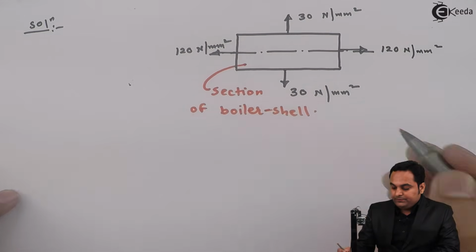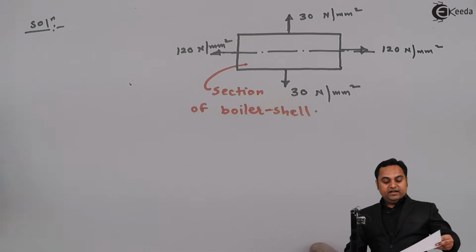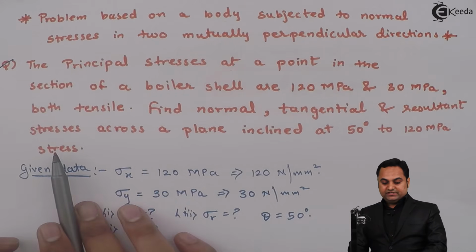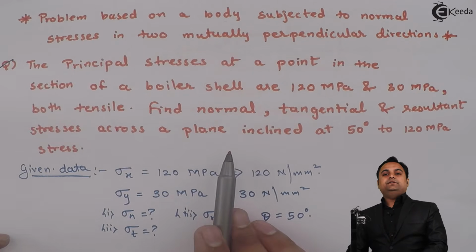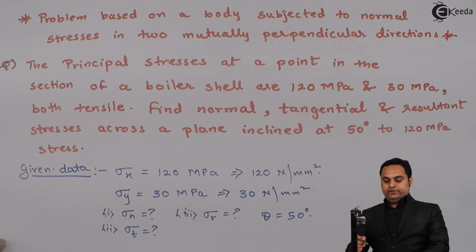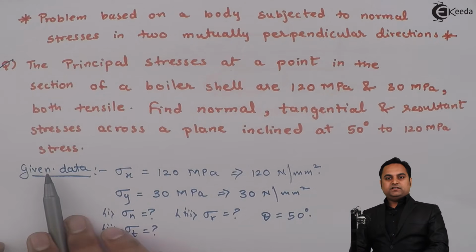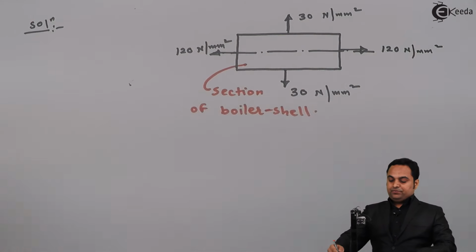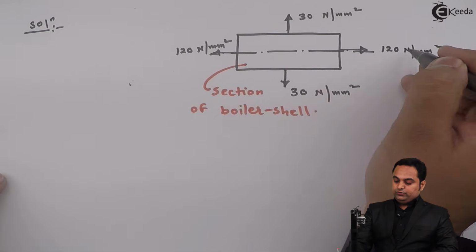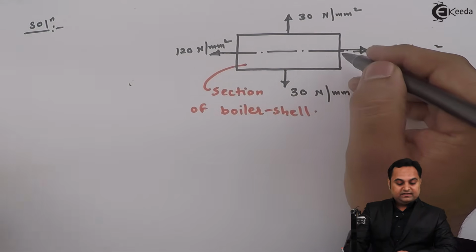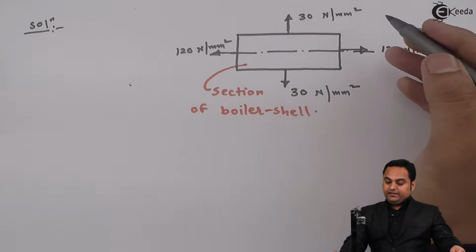Next, we have to find out normal, tangential and resultant stresses across a plane, that is on the plane which is inclined at 50 degree to 120 megapascal stress. So this is the 120 Newton per mm square stress, and the plane is inclined to that at 50 degree.